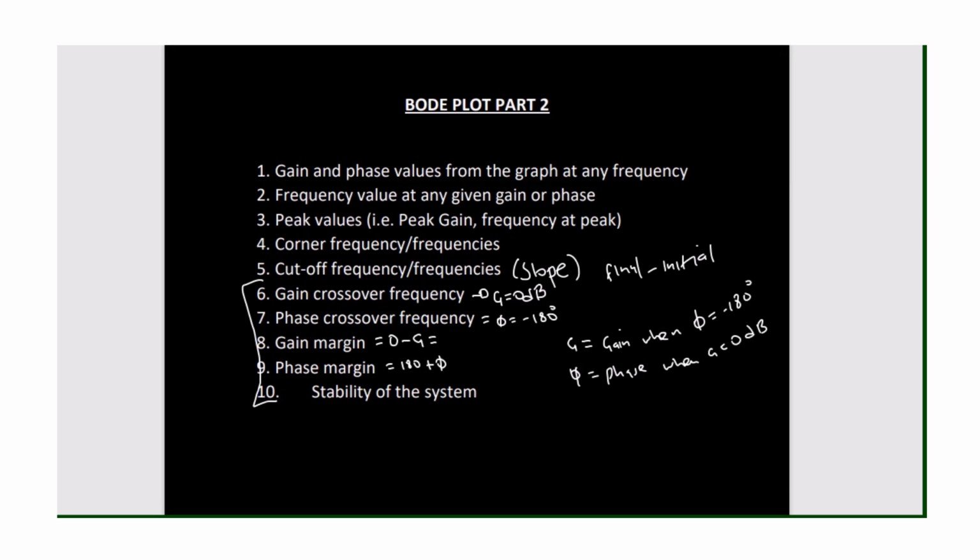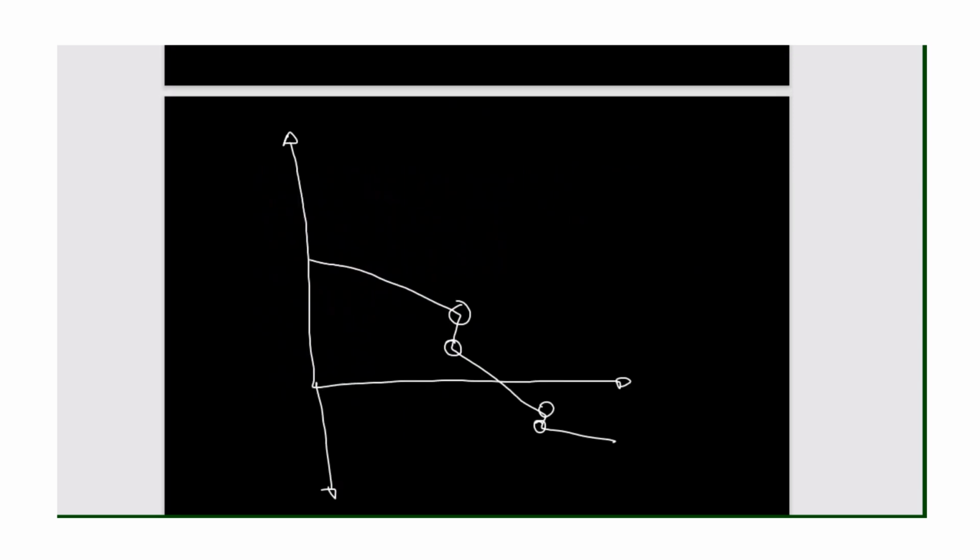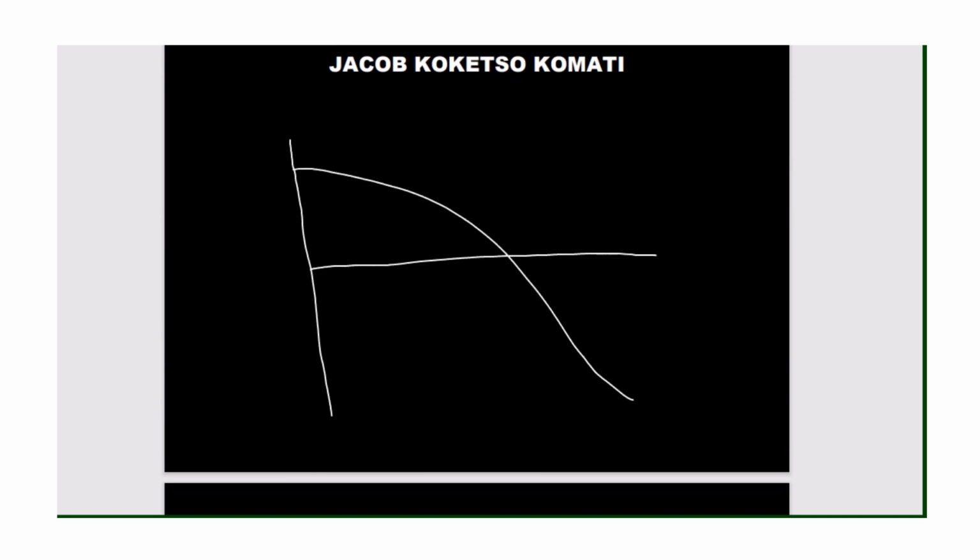So let's just go back here quick. I want to show you something very important. Let's say I have 2 graphs, a gain graph and a phase graph. Let's say this side is phase. Let's say this point is minus 180 because these are the only 2 points I need. This side is 0 decibels.